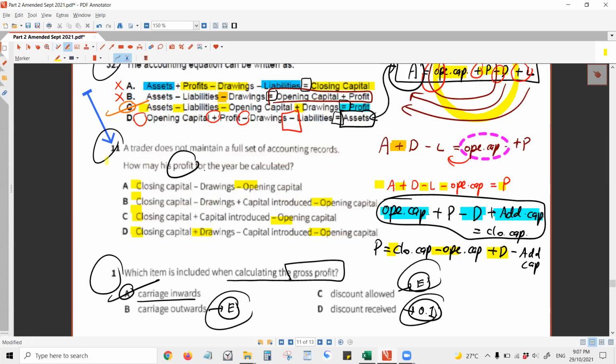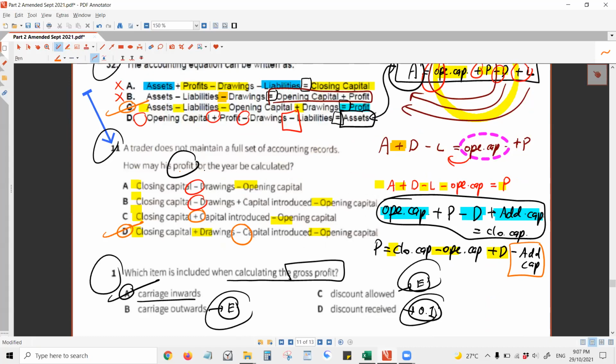And that means A and B are wrong because they should plus drawing. And then last one, minus additional capital. So D is correct. C is wrong. Why is C wrong? Because they plus capital introduced. Should be a minus here. Okay, so answer is D. So that's how you solve it.